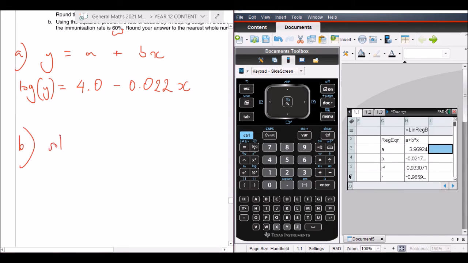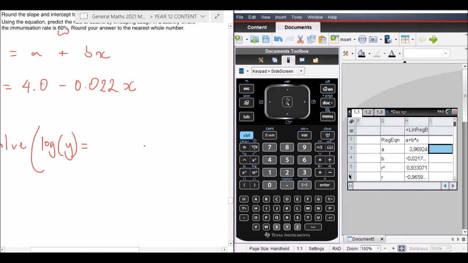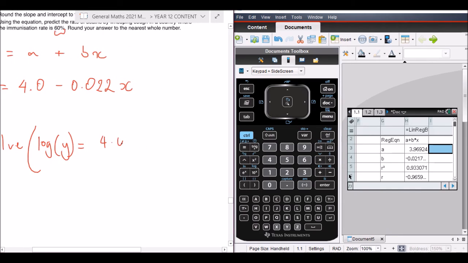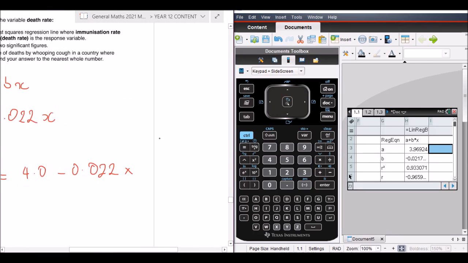B, solve: log y is equal to 4.0 take away 0.22 times 60%, comma y.